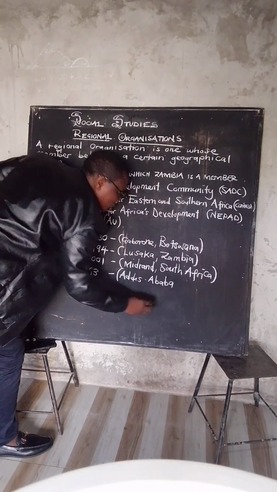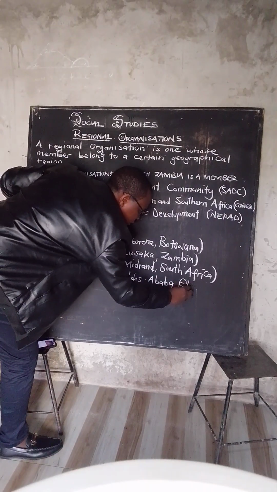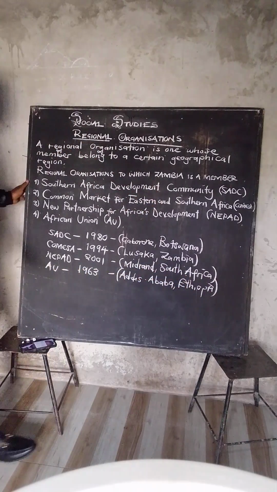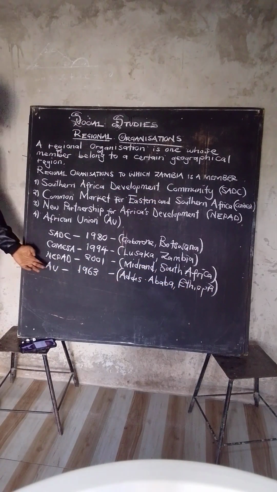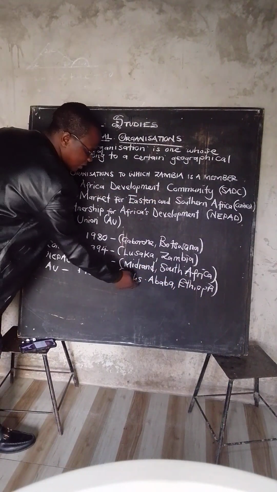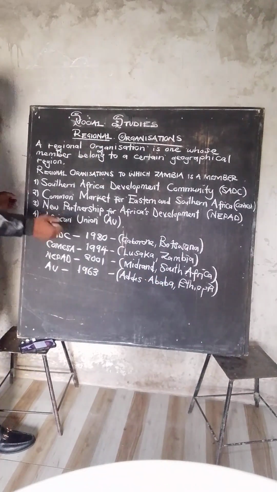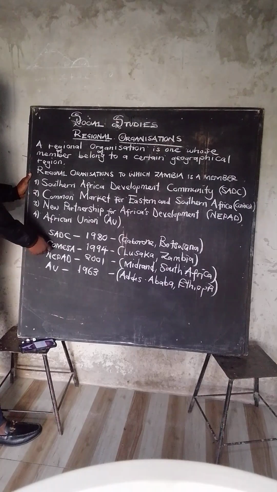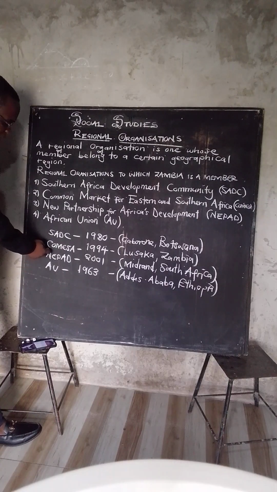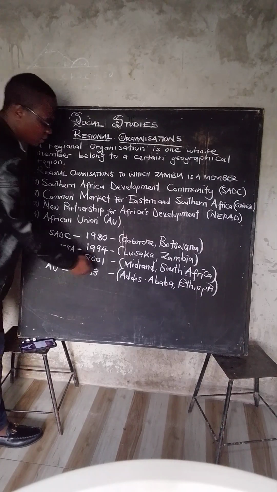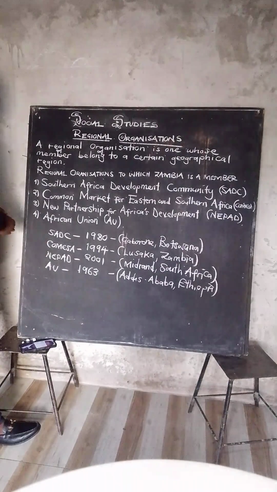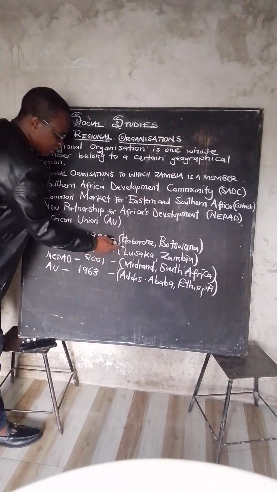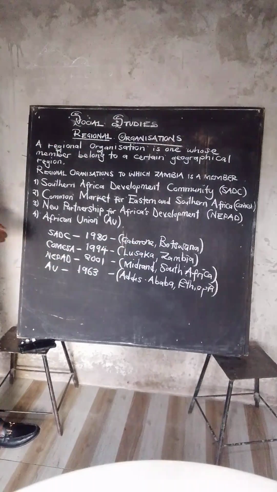The headquarters of African Union are in Addis Ababa, Ethiopia. Headquarters of NEPAD are in Midrand, South Africa. Headquarters of COMESA are in Lusaka, Zambia. Headquarters of SADC are in Gaborone, Botswana.